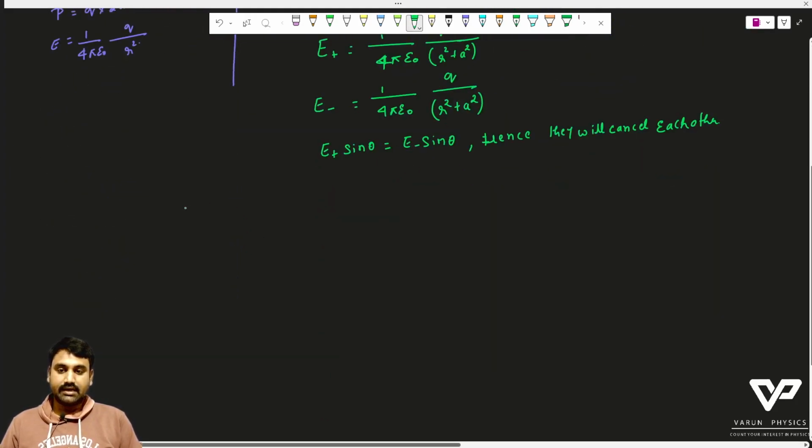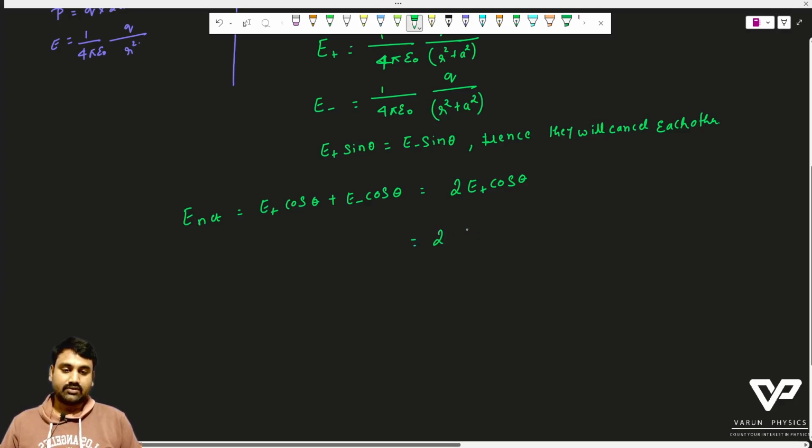So the net electric field E net is equal to E plus cos theta plus E minus cos theta, that is equal to 2 times E plus cos theta. From the figure we have clearly got this.